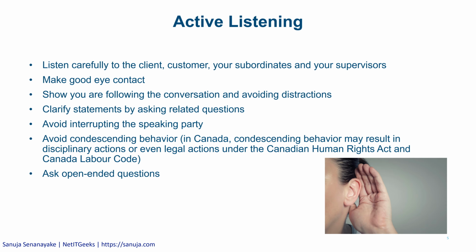If you are rolling your eyes, for example, when somebody is trying to explain a concept at work, or you are belittling them, or you are trying to make them uncomfortable, that could come up as a serious behavioral problem. So make sure as an IT professional dealing with people who don't know much about IT, you don't act condescending, because that could result in disciplinary actions and even legal actions.